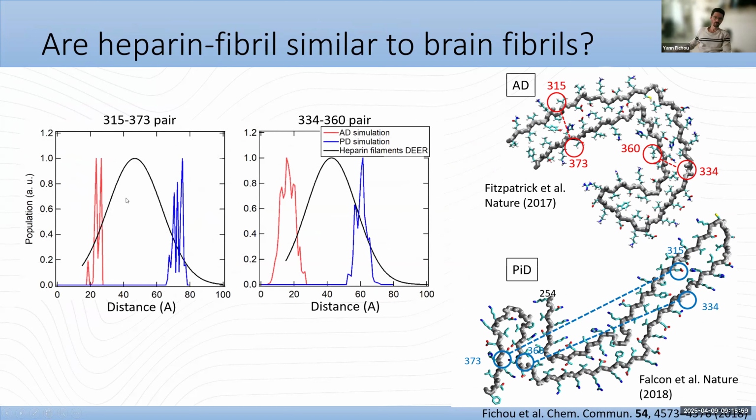What we found is that the mapping is very different, so we don't form either of those two structures. That's what it means when we compare the black, which we measure, with the expected distance from the PDB.